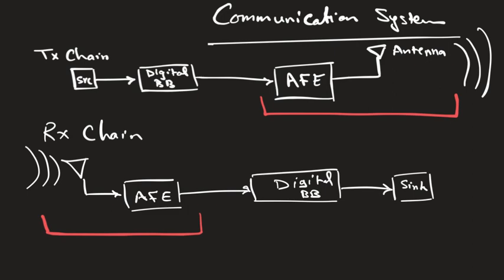Now, since our focus is going to be only on those parts, and since when we look at the communication system from this perspective, we can completely forget about what's happening here in the digital domain. So as far as we are concerned in this course, this is how a communication system will look for us. So we have a source. Let's say in this case, we have a microphone.